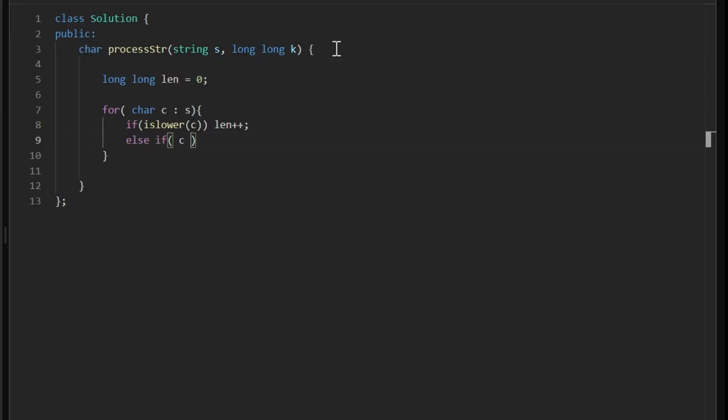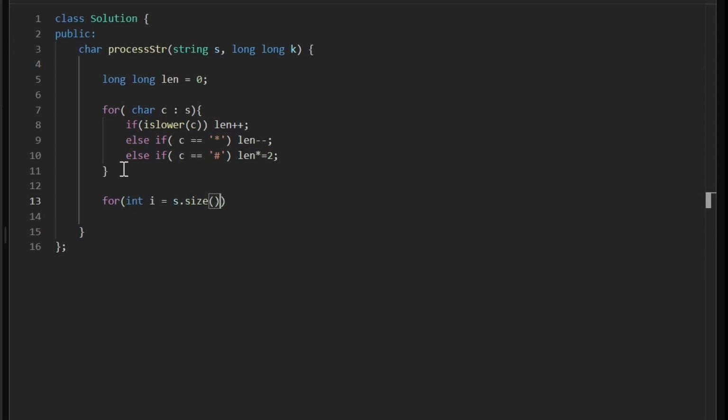Else if we get C equal to asterisk, we decrease length by 1. Else if we get C equal to hash, we make the length twice, I mean multiply length by 2. In the modulo case we have to do nothing, so we can skip that. And now let's iterate from the back.